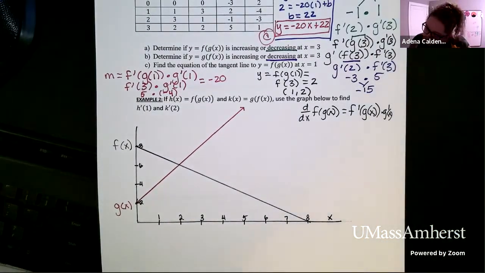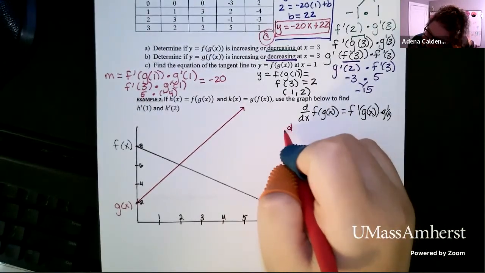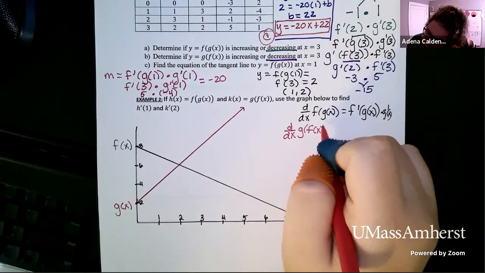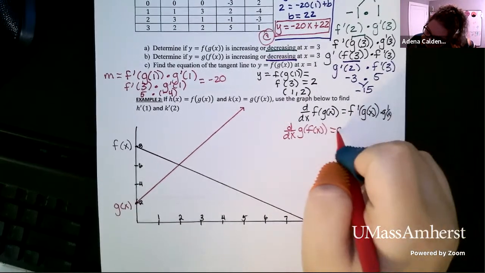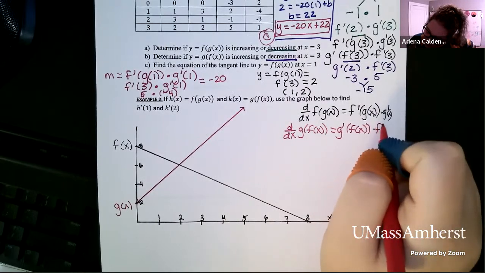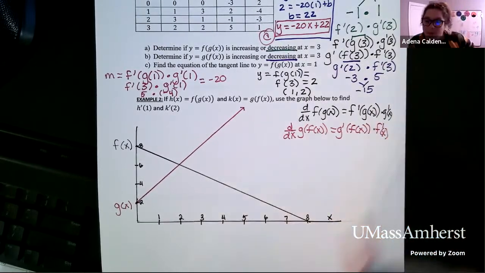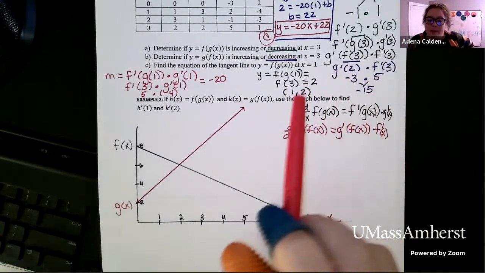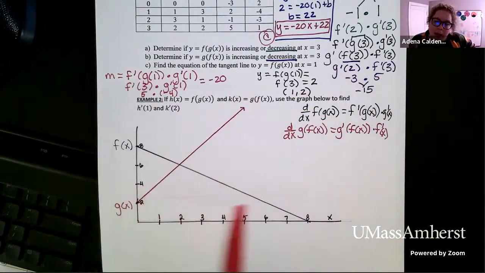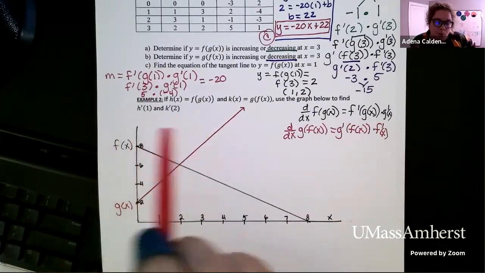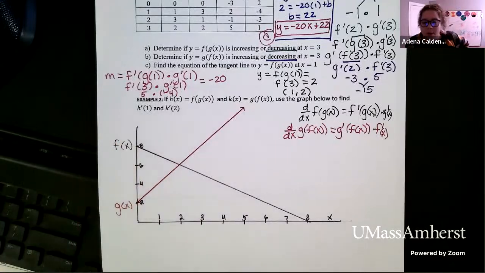And then when we had g of f of x, we have g prime of f of x times f prime of x. Okay, so I want you to think about how we can use these general formulas in conjunction with the graph to answer these two questions. And these should be numerical answers. You should get a number.